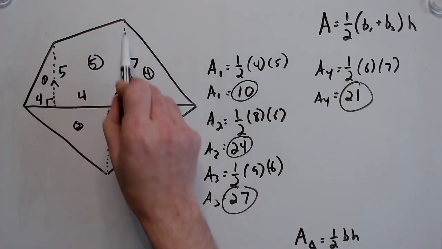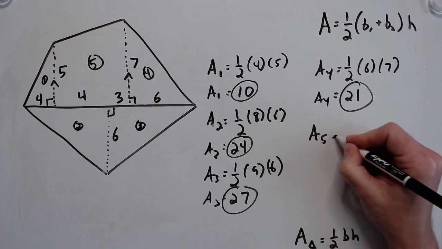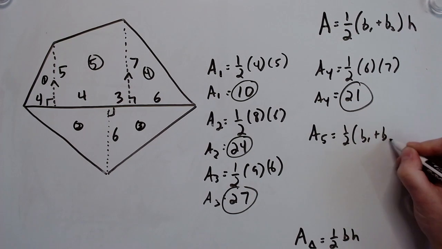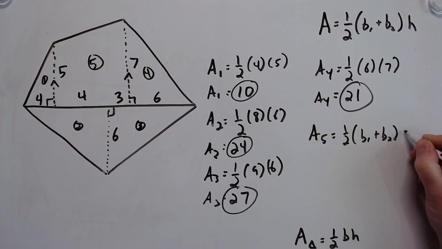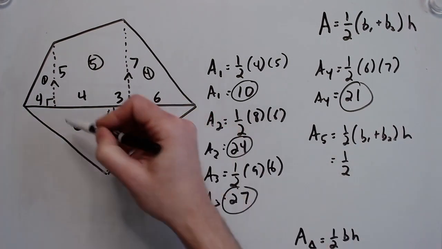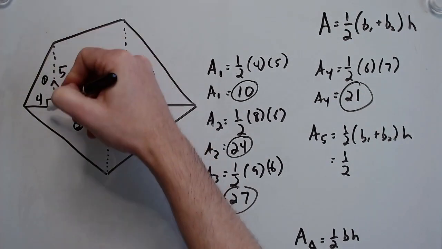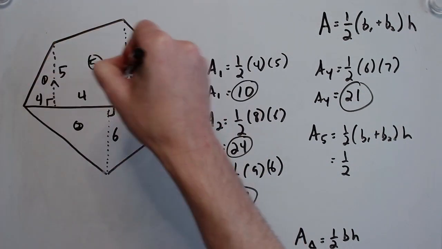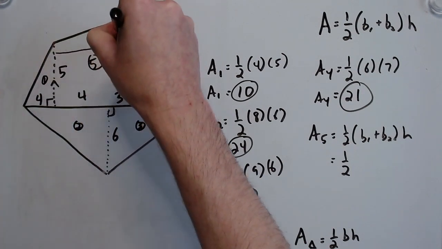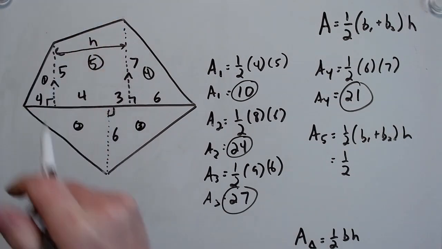Okay, so now we have just the trapezoid left over. So the area of zone 5 is 1/2 times the sum of the bases times the height. If we're looking at it, we kind of turn it sideways. Think of this as a base and this as a base, because the height of this trapezoid is really here. You've got to kind of imagine it turned 90 degrees.